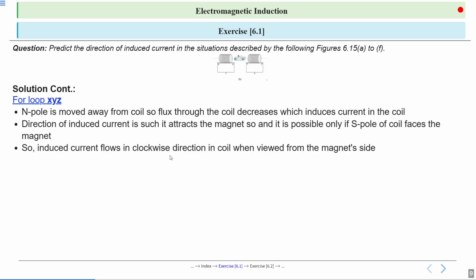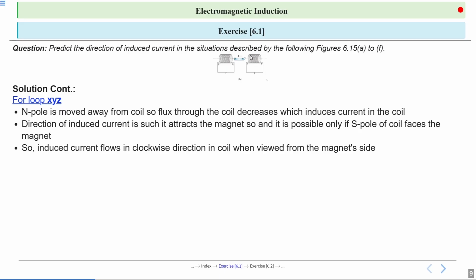So induced current flows in the clockwise direction in the coil when viewed from the magnet side. When viewed from the magnet side, on this end, the direction of the current will be clockwise. On the other end, if you are not able to visualize that end, you can see the other end. So on the other end, which pole will be generated? North.